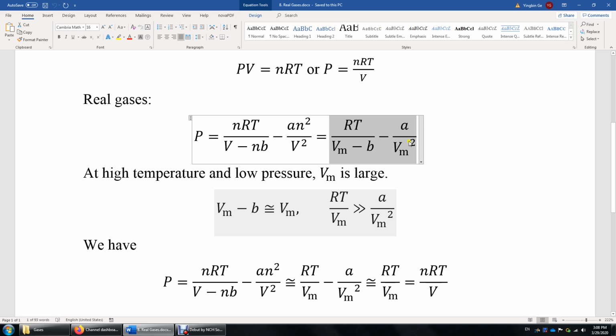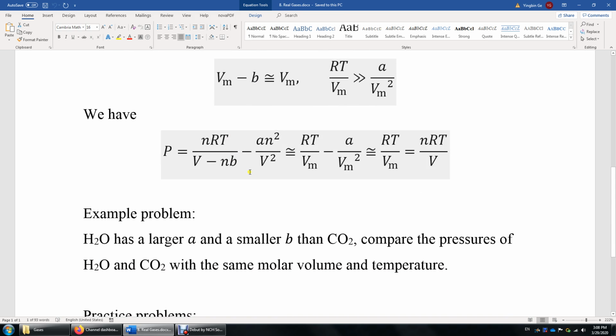For water, you have a larger A. That means you have lower pressure. For water, you have a smaller B. Also, it results in smaller pressure. Therefore, if everything else is the same, because water has a larger parameter A and a smaller parameter B than CO2, we know the pressure of water is smaller than the pressure of CO2.